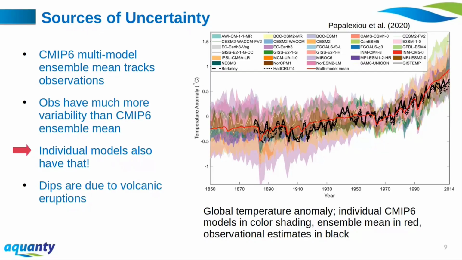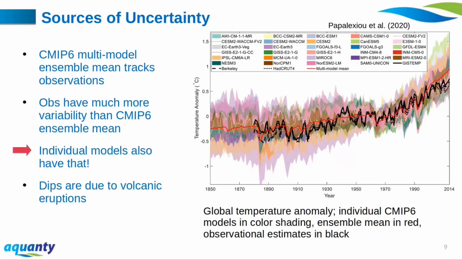And this looks very messy, and that's kind of the point. There is the red line, that is the multi-model ensemble mean from CMIP6. And then there's the black line, or it's multiple black lines, and these are observational estimates of the surface temperature anomaly globally averaged. Right?